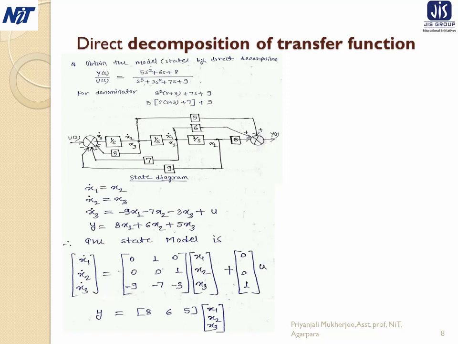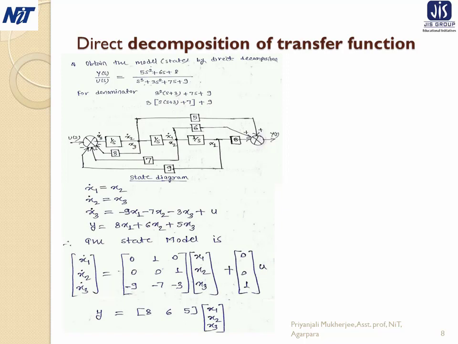So the system matrix becomes in the Bush form or the companion form, and that is 0, 1, 0; 0, 0, 1; and minus the coefficients of the denominator, that is -9, -7 and -3. Similarly, we can find the B matrix. In the same way, we can find the C matrix.